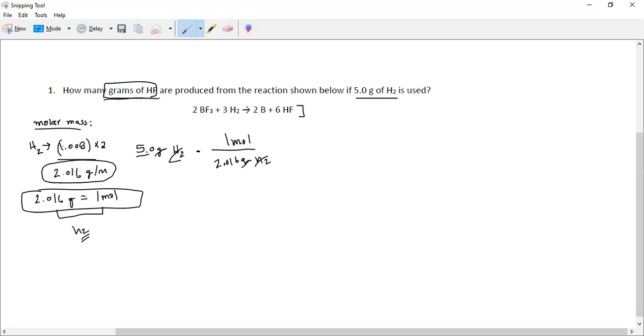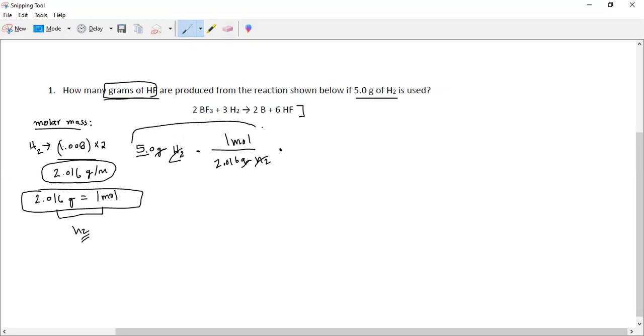So I eventually want grams of HF. So first let's make a conversion factor that we can work through. I want to express this in terms of grams of HF. But before I can do that, I want to first express it in moles of HF.